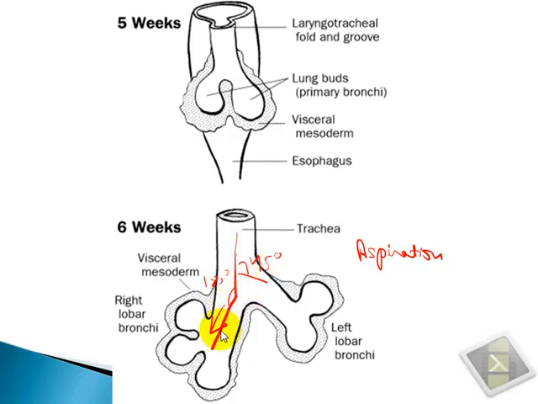So there are more chances that foreign bodies get lodged in the right lung rather than the left. Foreign body lodgement is the main concept you have to understand when we talk about the angles of the right and left bronchi to the trachea.